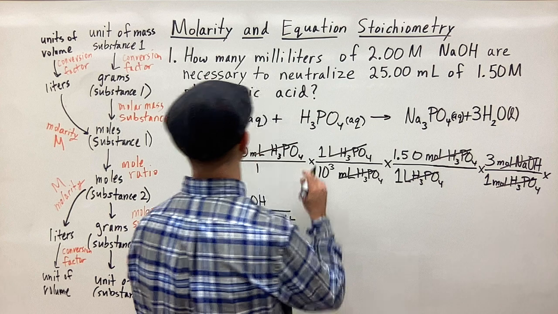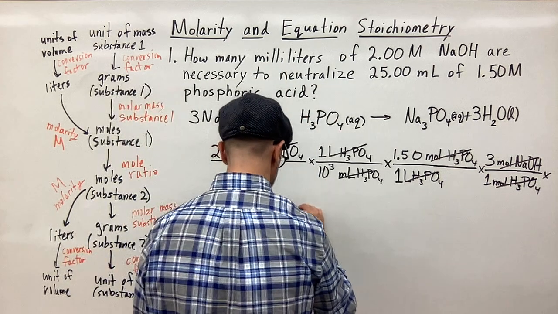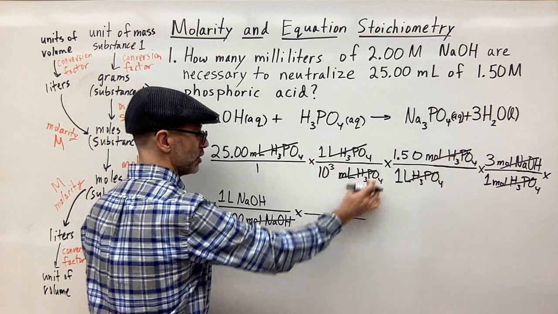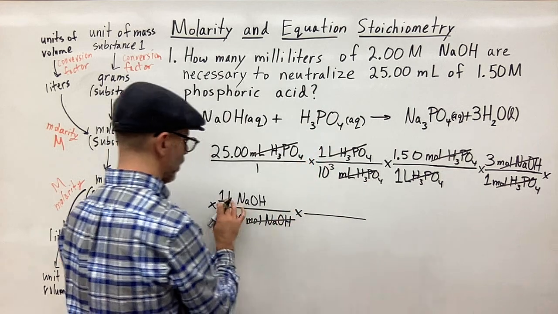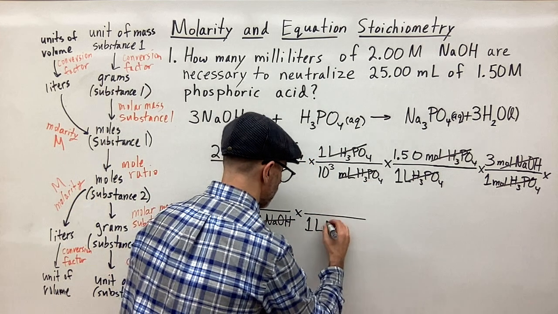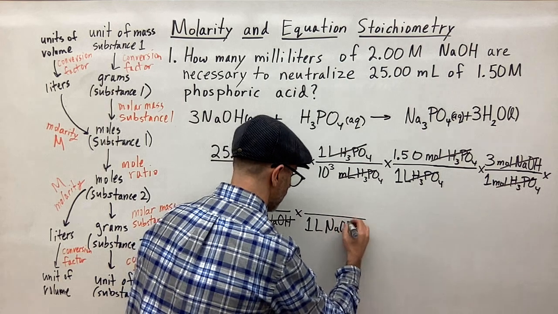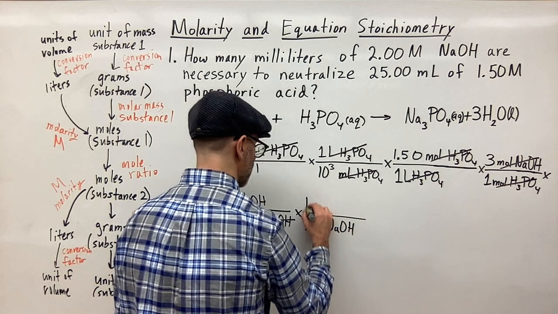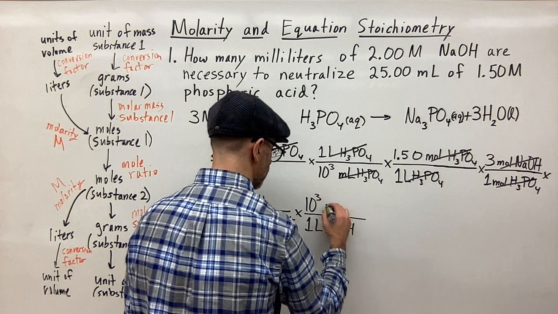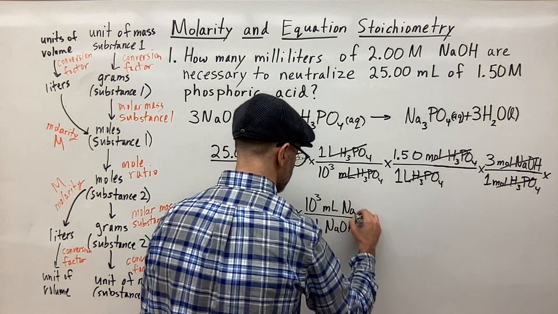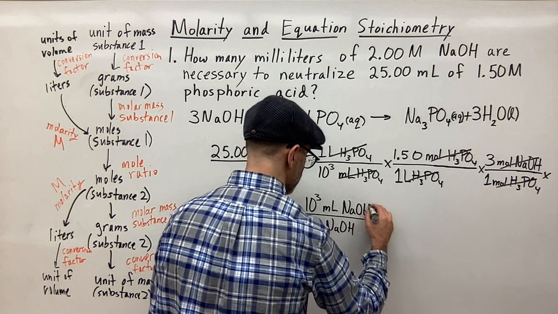And now finally they want milliliters. So I'm going to convert liters to milliliters. I'm going to use this relationship again, but now I'm going to flip it. So I have liters on the top. So I want 1 liter of the NaOH on the bottom, and on the top I'm going to have 1,000 or 10 to the third milliliters of NaOH.